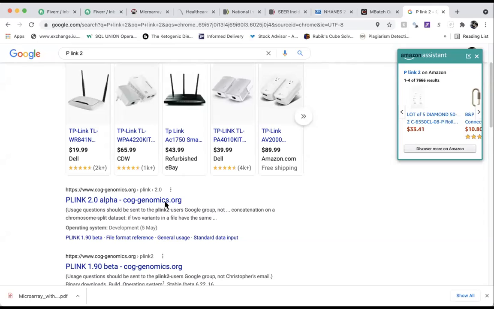Do you see this? Just searching on Google, there is cog-genomics.org. Can you see it?